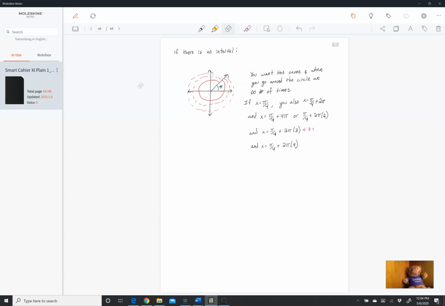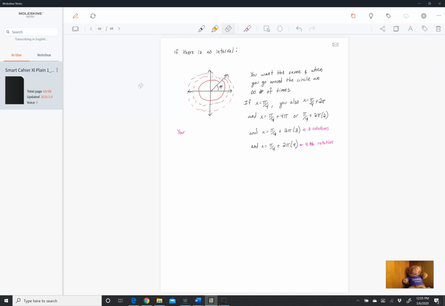This is 3 rotations around the circle, a fourth rotation around the circle. You want a 5th rotation, a 6th rotation, a 7th rotation, okay? You want all n rotations.